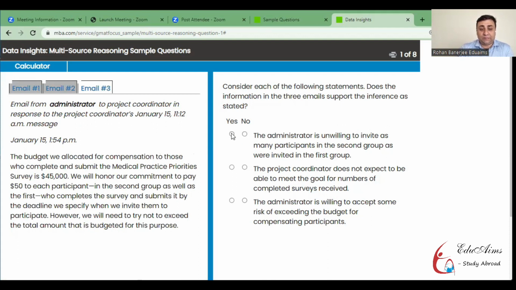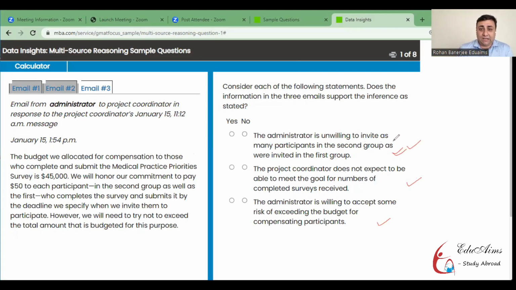So you will have to choose yes or no for each of the 3 choices. Remember, it's very important that you choose the correct choice for each of these 3 statements. There is no partial credit.